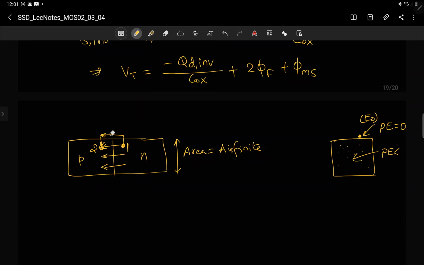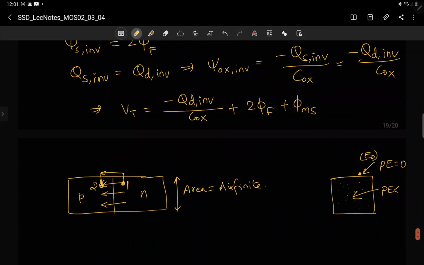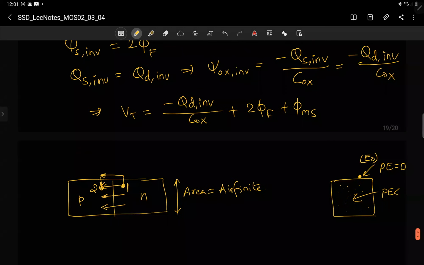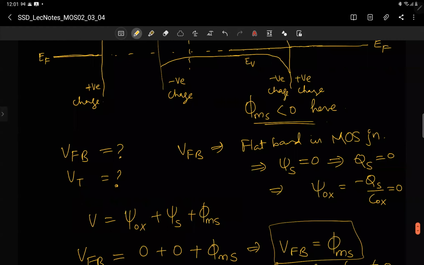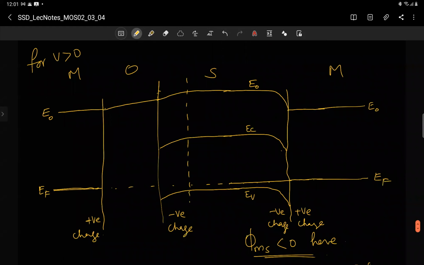Electric field outside means E naught, the potential energy of the electron, is changing. If there are fields inside the semiconductor, there will be fields just outside it also. Very far from the semiconductor they will die down, but E naught is the potential energy just outside the semiconductor, so the field will be there and E naught will be bending.